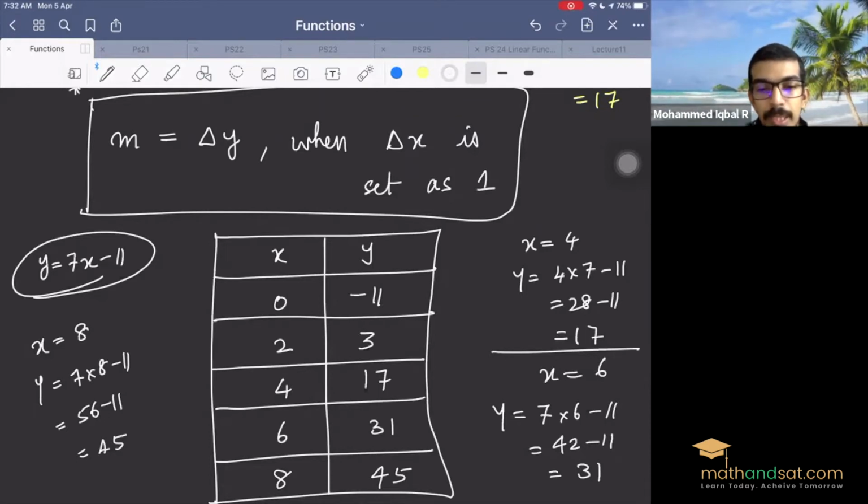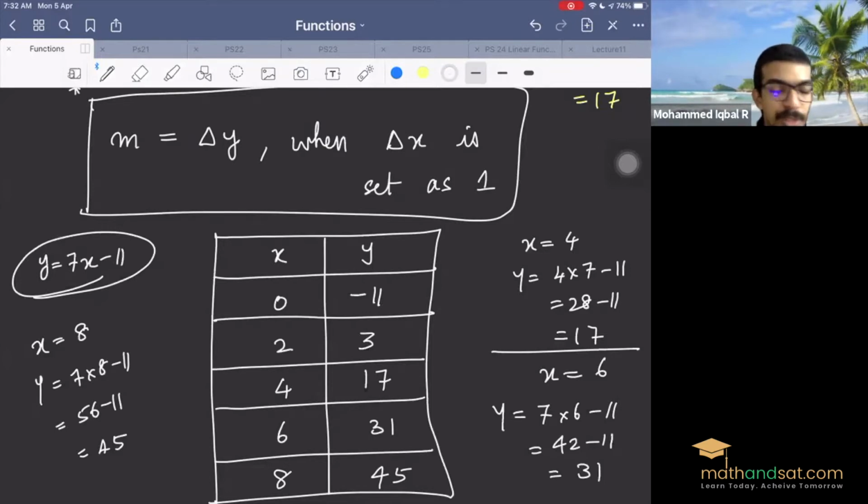Anything significant, anything remarkable? What happens when your input goes from 0 to 2? Your output goes from minus 11 to 3. So that is a difference of 14, right?